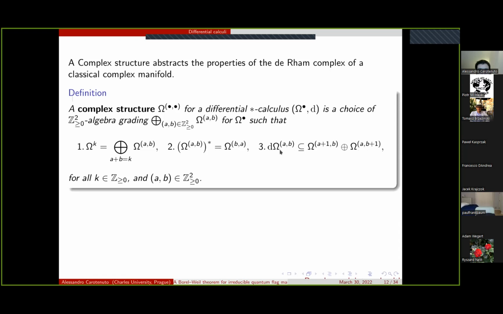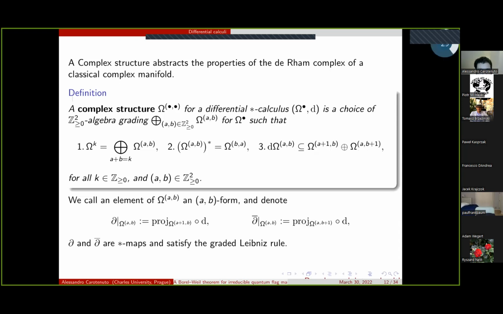Of course, d in principle is just an operator of degree plus 1. So in theory, I could land inside, I don't know, A plus 2,B minus 1 or whatever. But no, I require that I strictly land inside the direct sum of these two. And in this case, I say that I have a complex structure over the differential star calculus omega.